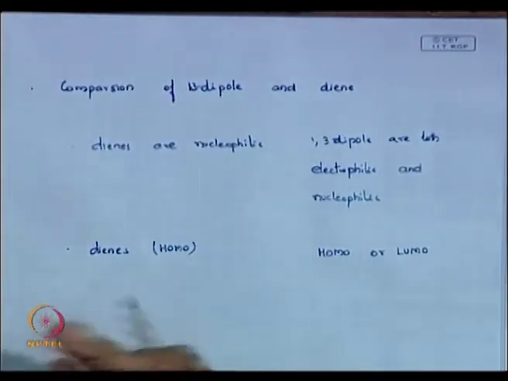If you have an electron-deficient dipolarophile or an electron-rich dipolarophile, they change; sometimes you use the HOMO, and in other cases the LUMO. We will see in detail when it uses the HOMO and when the LUMO. Both are 4-pi electron systems; you can count 4 pi electrons from your diene as well as your 1,3-dipole.